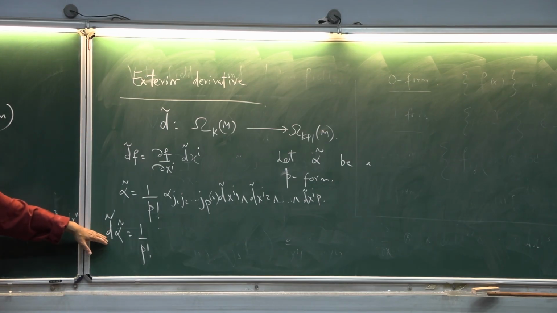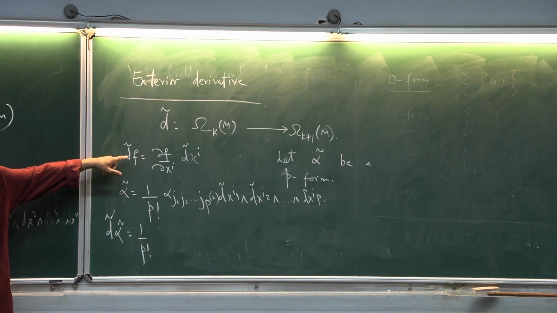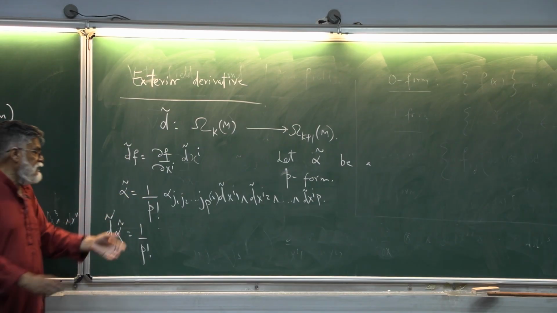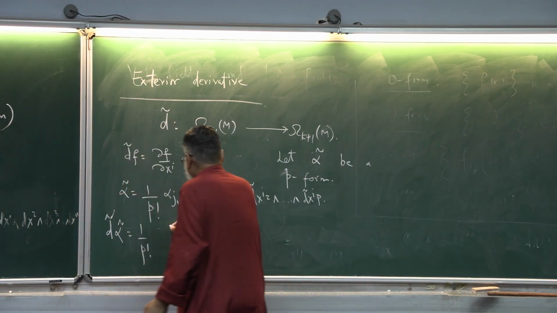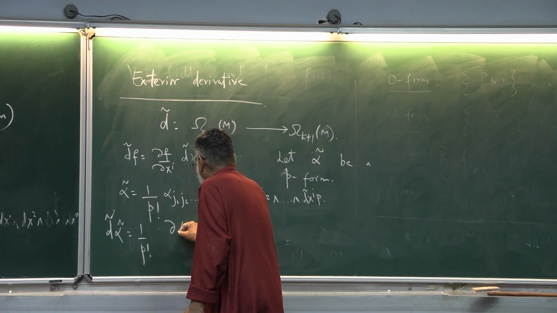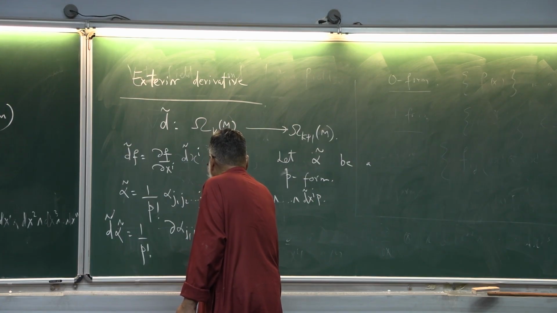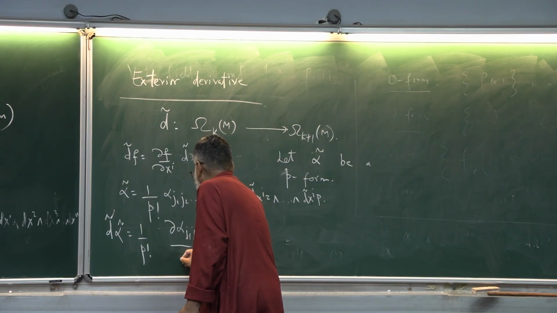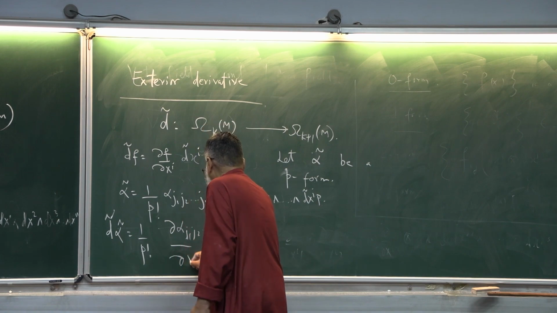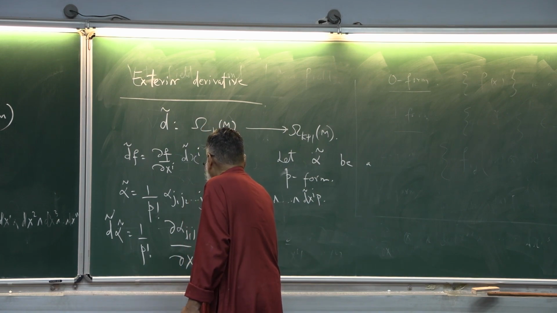So d of alpha, the way I took d of f, will be a derivative of this. Therefore, there will be a derivative of alpha j1, j2, up to jp with respect to, let's say, x^(jp+1).